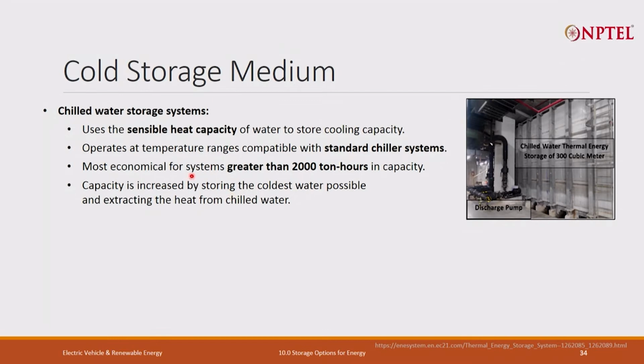Now the chilled water system is what we are utilizing in our IIT Madras Research Park. We have a 300 cubic meter storage capacity. We chill the water to 6 degrees centigrade using the chiller whenever we have excess renewable energy available, and we utilize this chilled water to run the HVAC system on a regular basis.